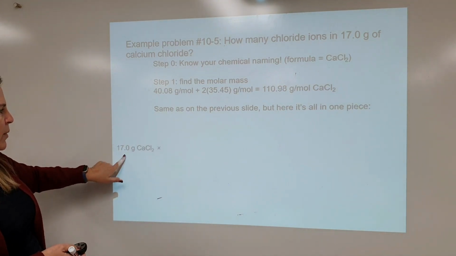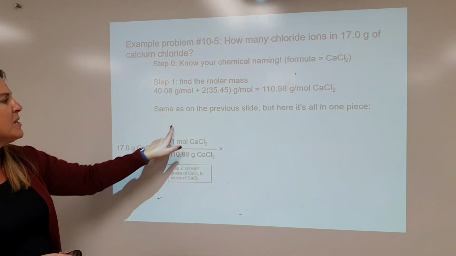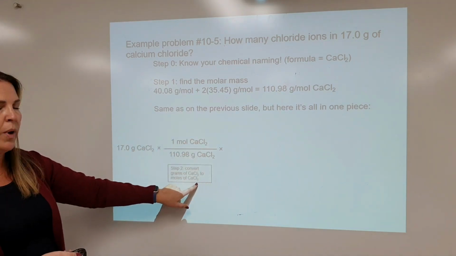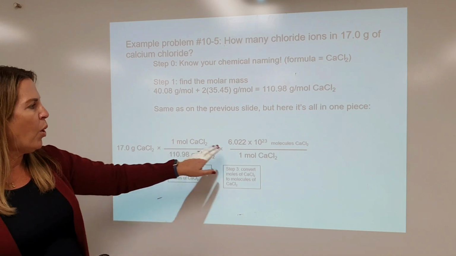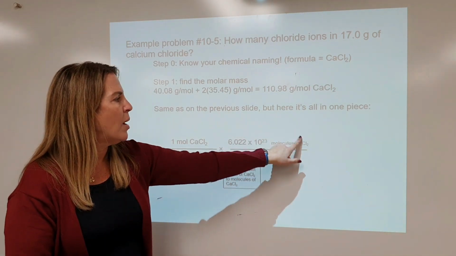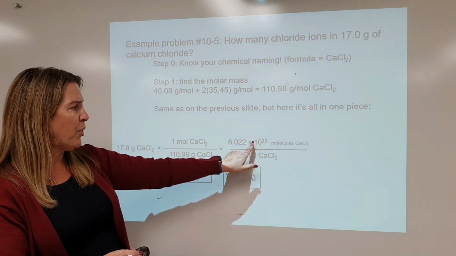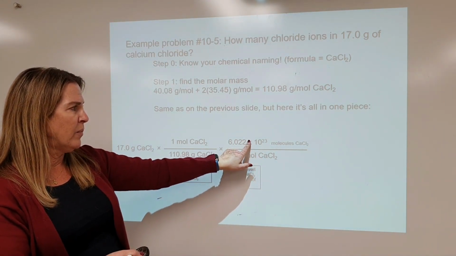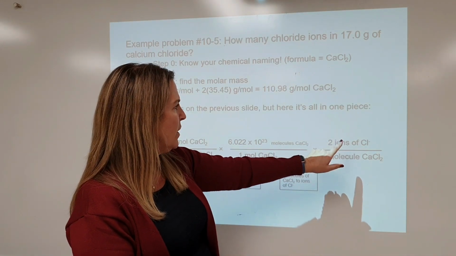So here we go, starting with our 17 grams, going to moles. So now this is the step 2 that you wrote already, right? Going to moles. Now that we're in moles, we're going to use Avogadro's number to go to molecules. This is the step 3 portion of that. And then we are going to 1 molecule.